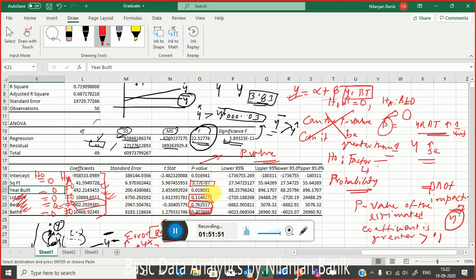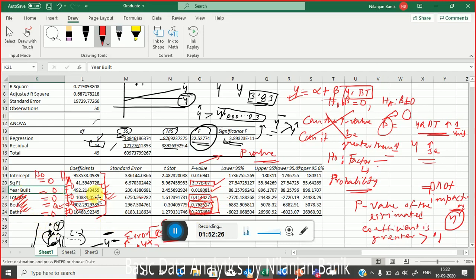So in this case, although we have taken so many other variables, the only variables which are statistically significant are square feet and year build. Although the p-values are 0.11, 0.77, in terms of the statistical exercise, those are not influencing the sales price of my house.